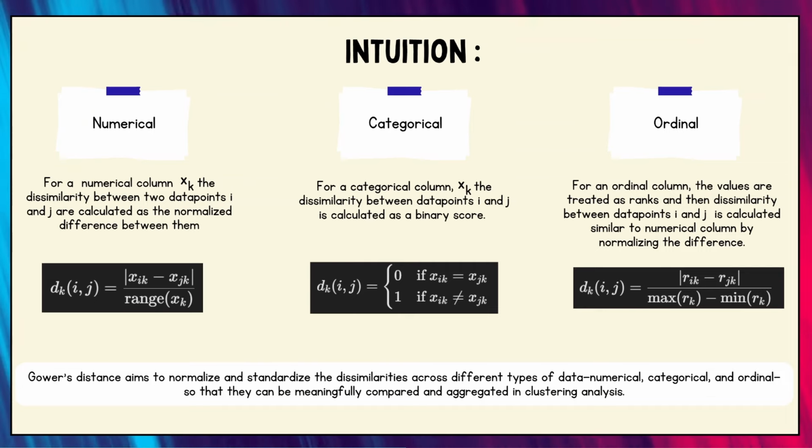So we need to quantify that as well. Those are called ordinal columns. For ordinal columns, we ordinal encode them, and then we again treat it like a numerical column to get a standardized dissimilarity score. If you get confused a little bit here and there, don't worry, hold on. We're going to look at the hands-on part, and I'll make sure that you get it, okay?